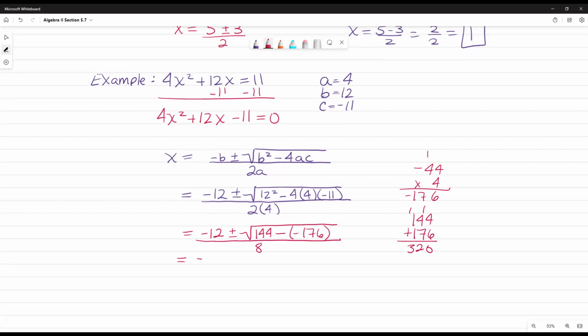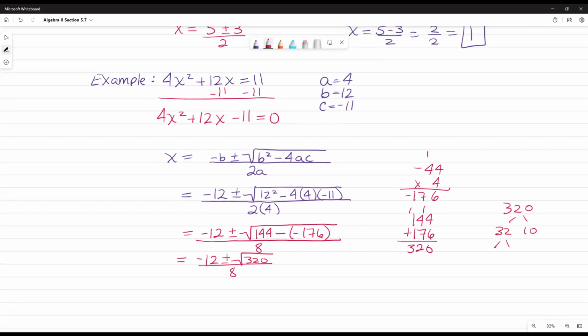All right, so we have negative 12 plus or minus the square root of 320 over 8. Okay, so I know 32 is 16 times 2. So we can break this down into 32 and 10.